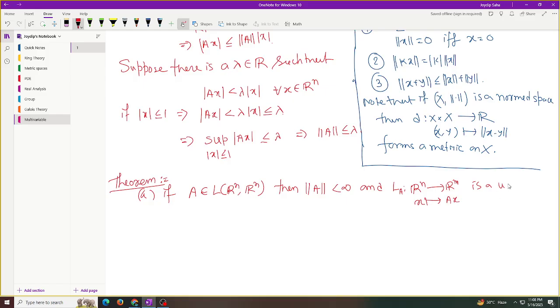L is a uniformly continuous mapping of R to the power n, uniformly continuous mapping.